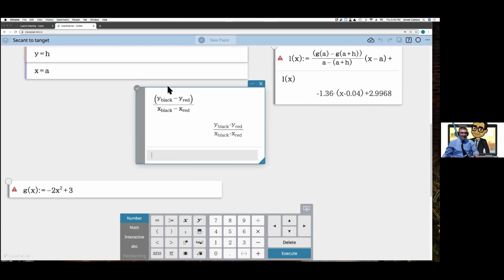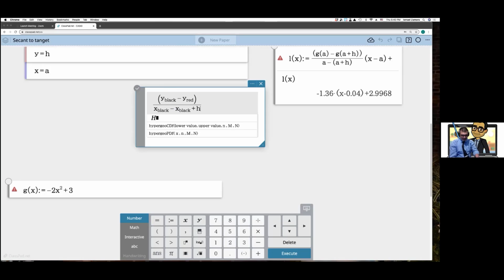So if I said the red dot is nothing more than the black dot moved over by some fixed amount, which I call h, and I will add parentheses around that. And you notice the software takes care of where it thinks the parentheses are going to be, and then we can adjust it.